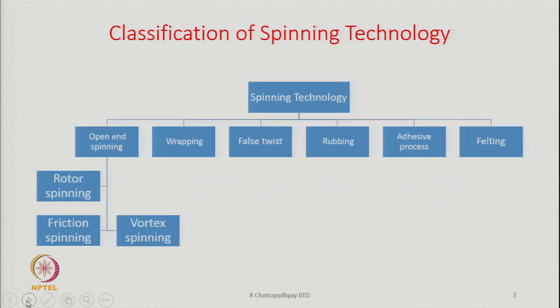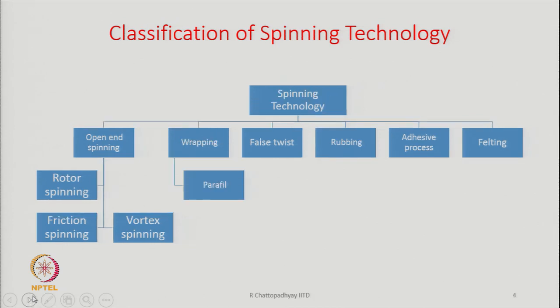Now, in open end spinning, we have rotor spinning, then we have friction spinning, and we have vortex spinning. Under wrapping technology, we have a system known as parafil spinning system.